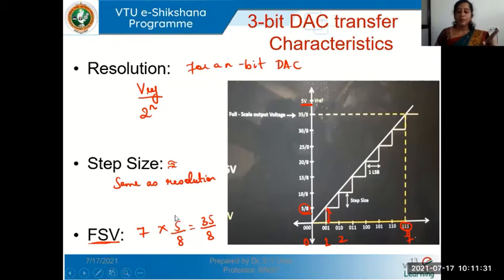So if one step size accounts to 5 by 8 volts, which I have shown you in this case, then the full scale voltage will be 7 times 5 by 8, which will be around 35 by 8, which is exactly one step less than the Vref value. You can see the full scale voltage is at this point, 35 by 8. Okay, so this is your full scale voltage.